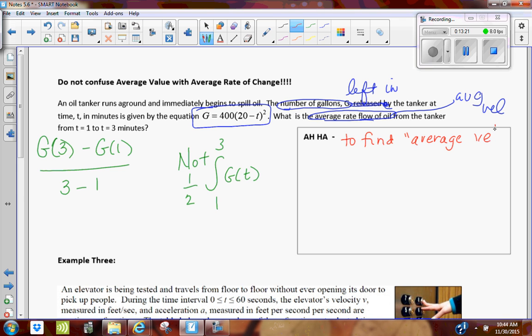To find average velocity, so it'd be V of B minus V of A over B minus A. That would be average velocity.